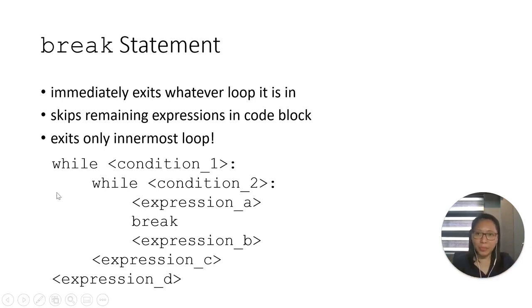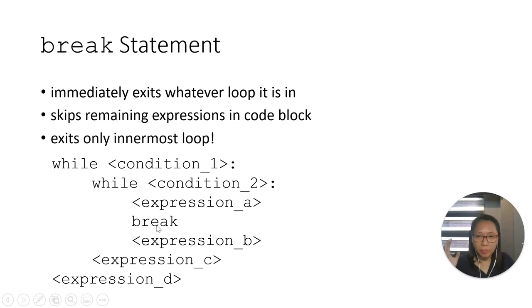For example, here, if you have a loop within a loop, because this is a nested loop, or nested while. So we have a while inside a while, and the break is inside the inner while. So if the program encounters this break, control is passed to expression D, or rather expression C, sorry.